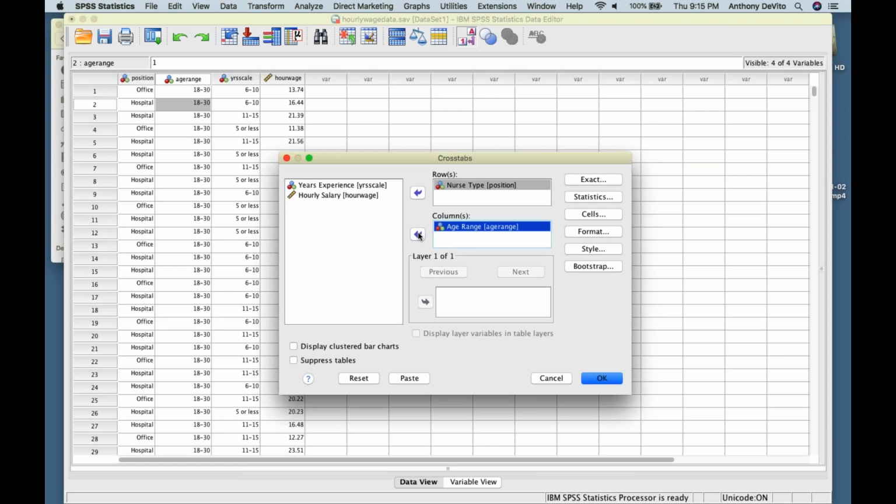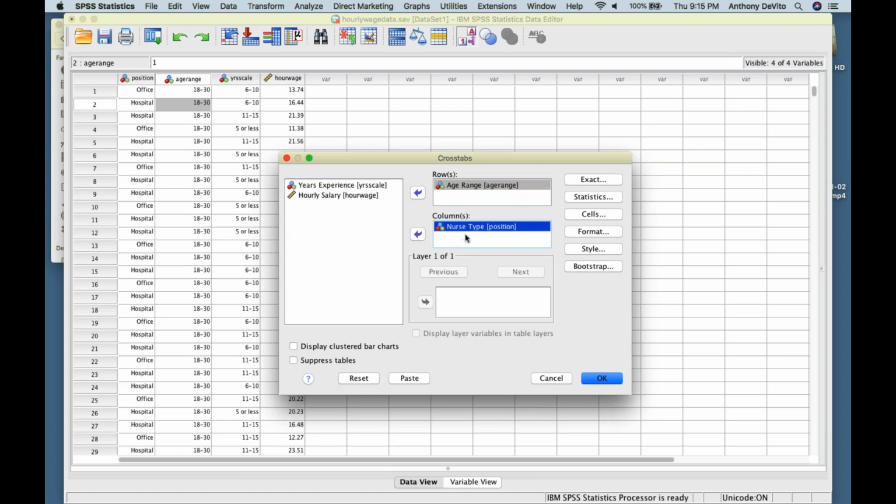Maybe not. Let me think about this. I think I might do it the other direction. Okay, whoops. Let's put the age range in this direction so that we can see, if you're in a certain age range, what's the probability that you would work as an office nurse or a hospital nurse. That should be interesting.